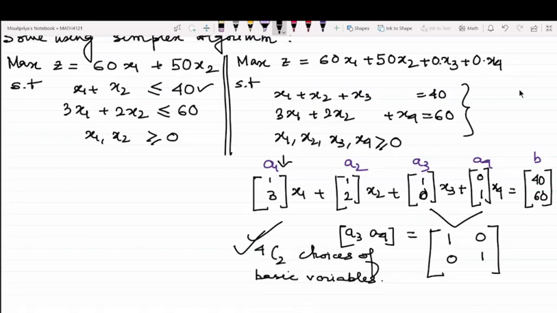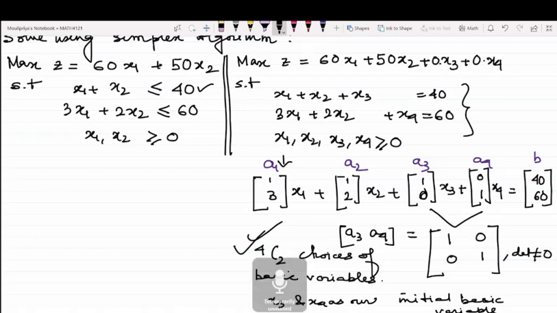Yes, ma'am. Now, if I happen to choose X3 and X4 as our initial basic variables, the advantage is that their coefficients would comprise a matrix whose determinant is always going to be non-zero.